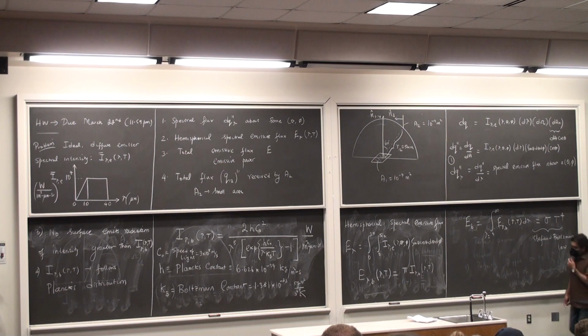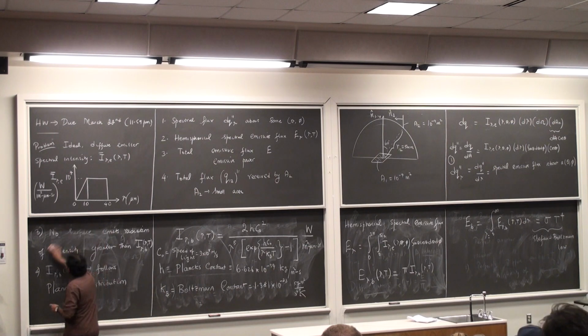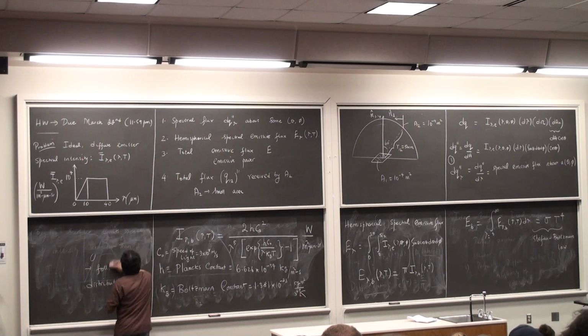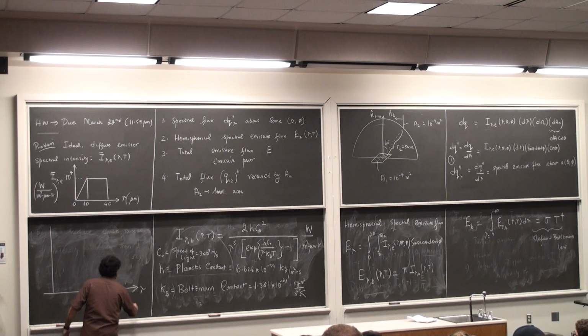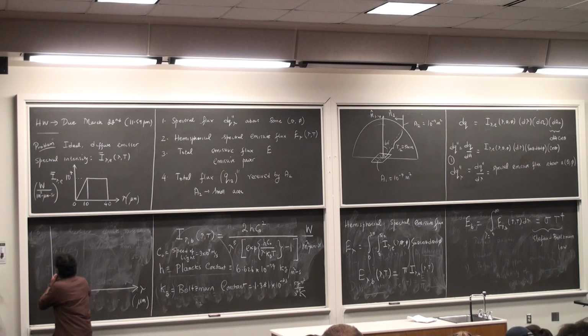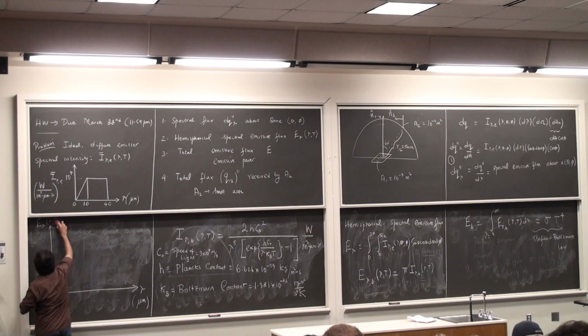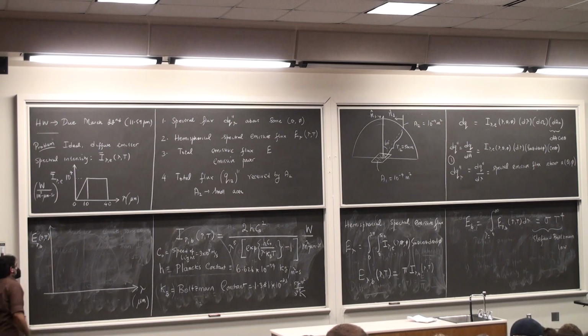So that's one. Now I'm going to draw this E lambda as a function of lambda. This is lambda in micrometers, and this is E lambda comma B, lambda comma T, units.